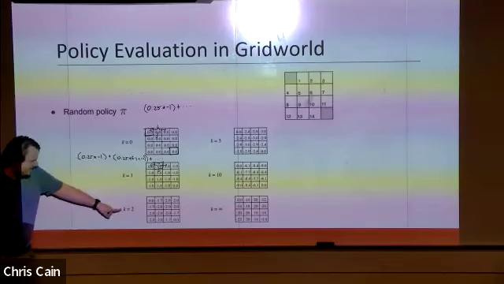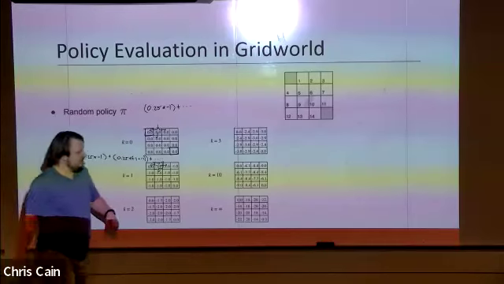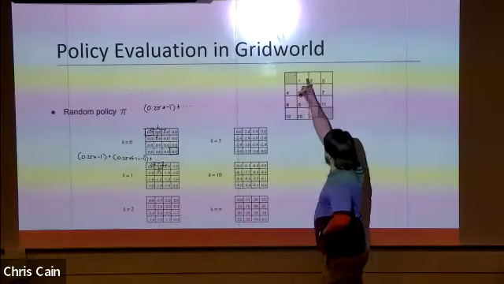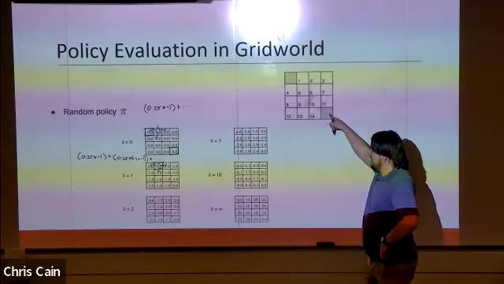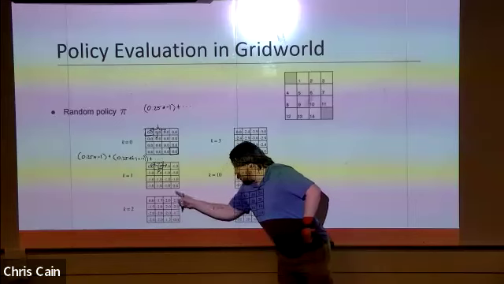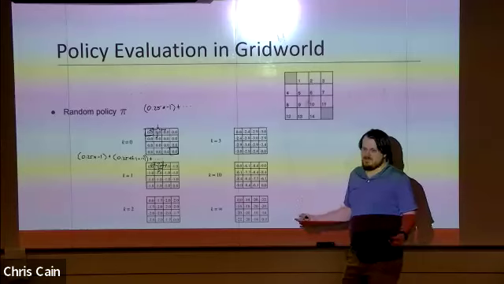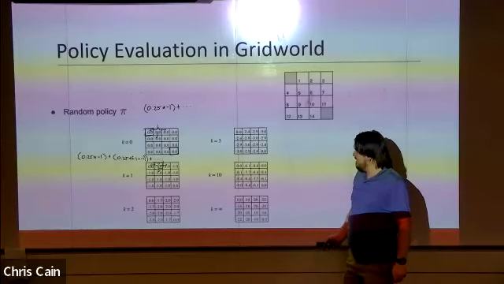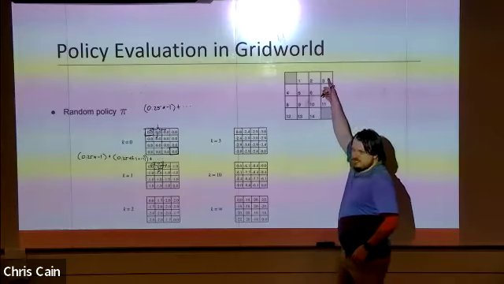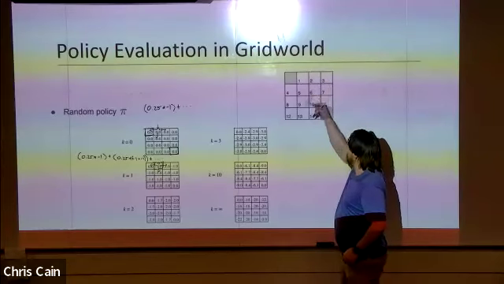So we see that at time k equals 2, anything that's adjacent to one of the end states has a better value than ones that are not adjacent. In 2 steps from anywhere else, you haven't had any episodes able to terminate. If you start over here and we're looking 2 steps ahead, none of those have had a chance to terminate.